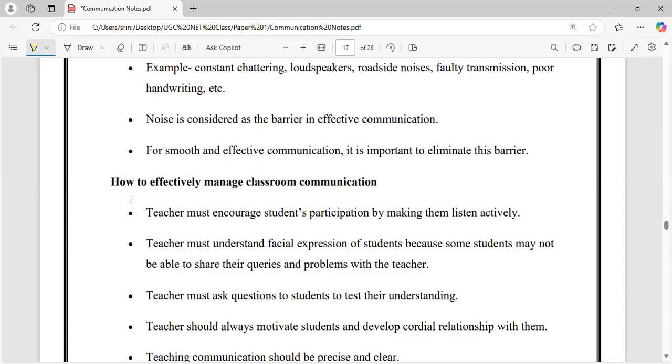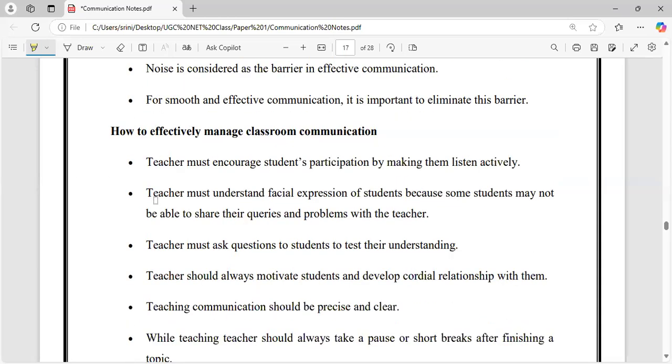Like if I have a room full of 60 students, then all 60 students are completely different. In my experience, I have had 55 students. All the 55 students are different, and I have to carry each one of them in a different way.